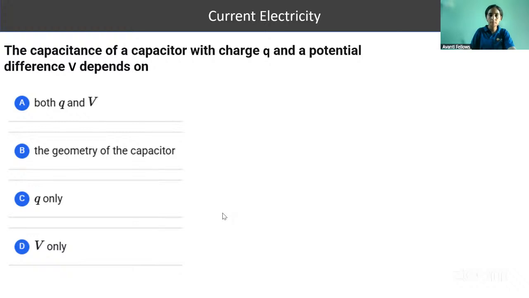Okay, very good. This question came just last year, so just look at how easy the questions you are getting are.